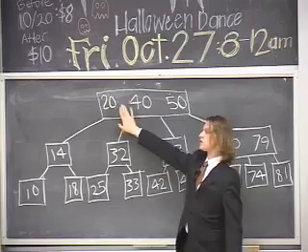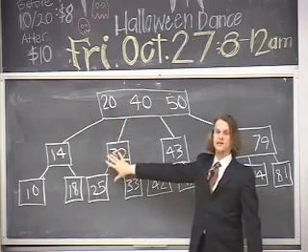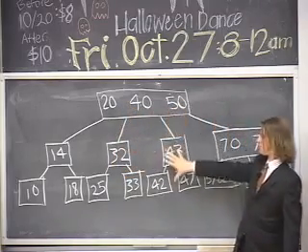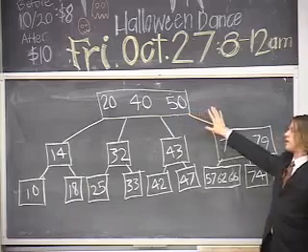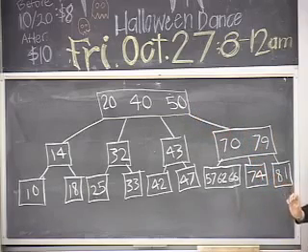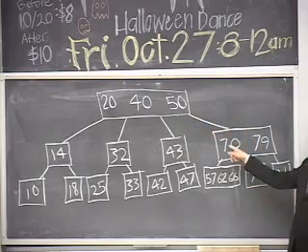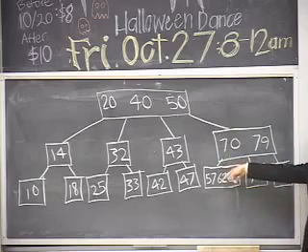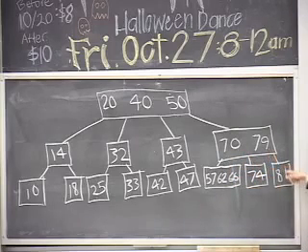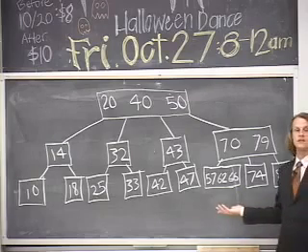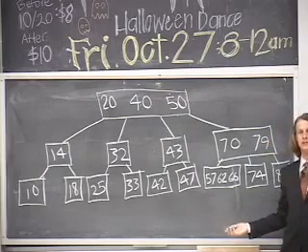All the keys that are between 20 and 40 are placed in the second subtree. All the keys between 40 and 50 go here, and all the keys bigger than 50 go in the rightmost subtree. And for the 2-key node, you apply the same rules. Less than 70, between 70 and 79, greater than 79, and so on. So it's the obvious generalization of a binary search tree.